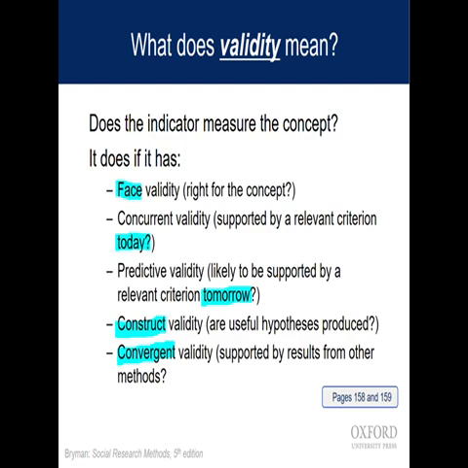Okay, that's concurrent. Now, predictive validity is the same sort of thing, except it's talking about the future. A real good life example of predictive validity is, right now there's some controversy about the tests you take to get into college, the ACT or the SAT, or if you're going to graduate school, a lot of times you have to take the GRE exam.